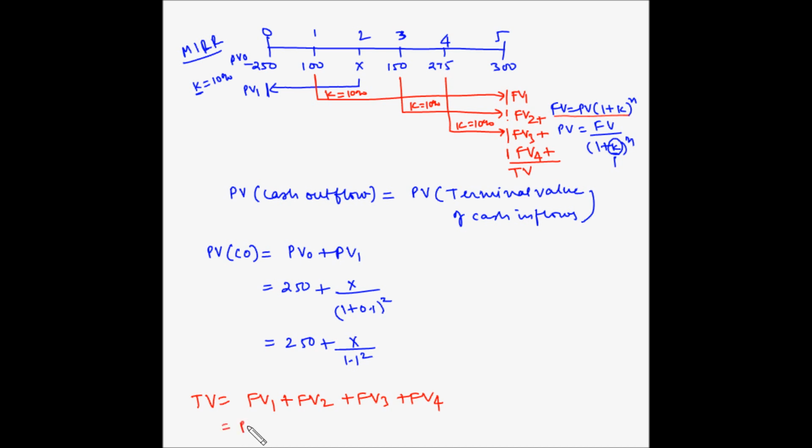So this is equal to PV1 into 1 plus k to the power n1 plus PV2 into 1 plus k to the power n2 plus PV3 into 1 plus k to the power n3 plus PV4 into 1 plus k to the power n4.